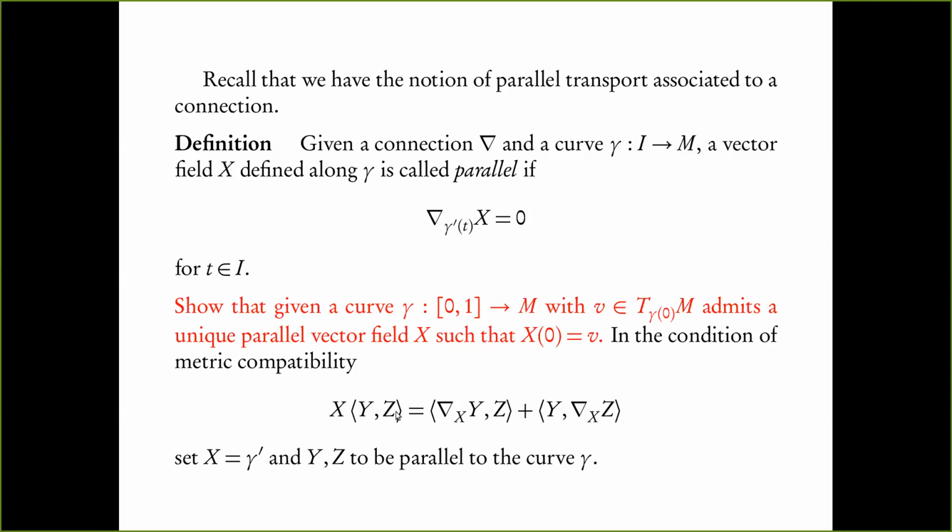But that simply means that the speed is a constant for such a curve. So in particular, if it's metric compatible, a geodesic associated to a connection will have constant speed. But this is still not a geodesic associated to a metric. That's a different thing altogether.